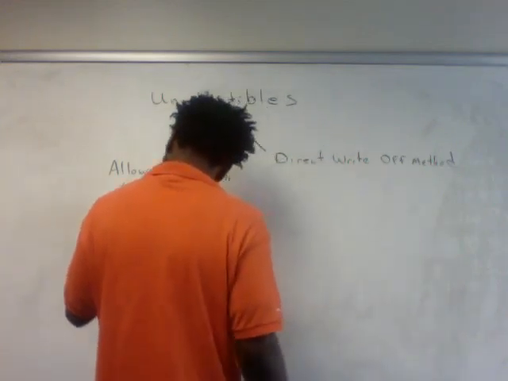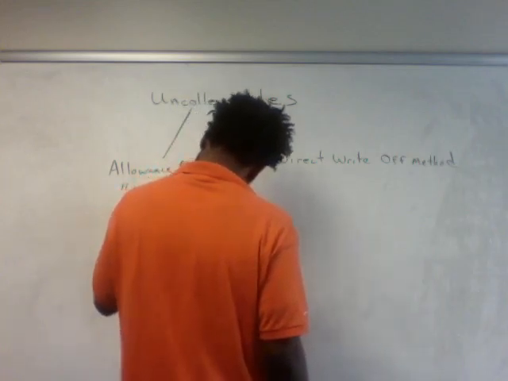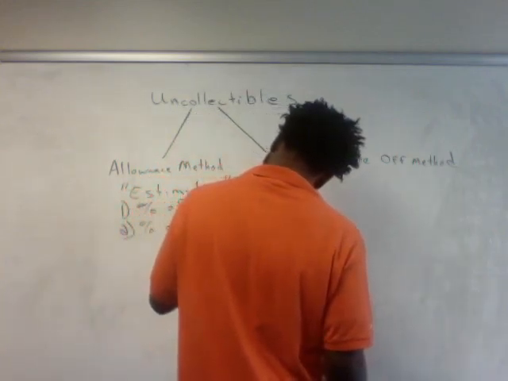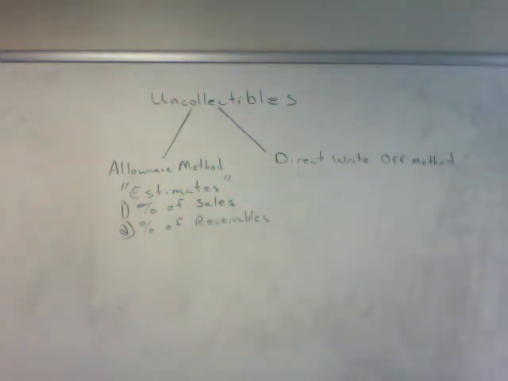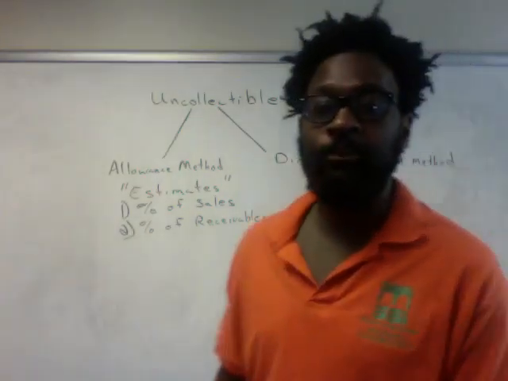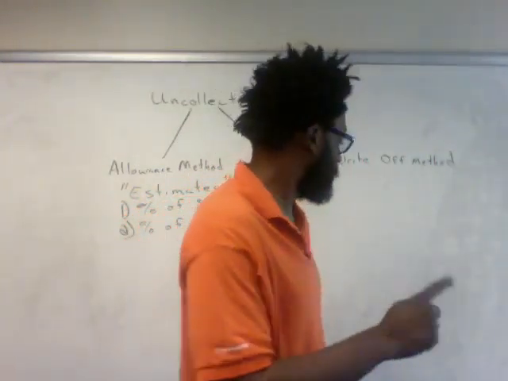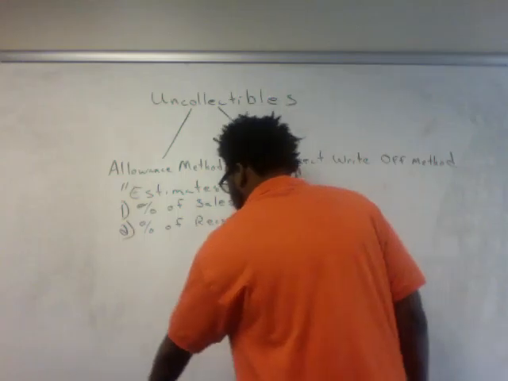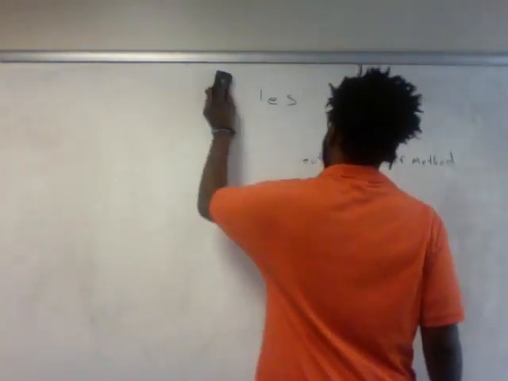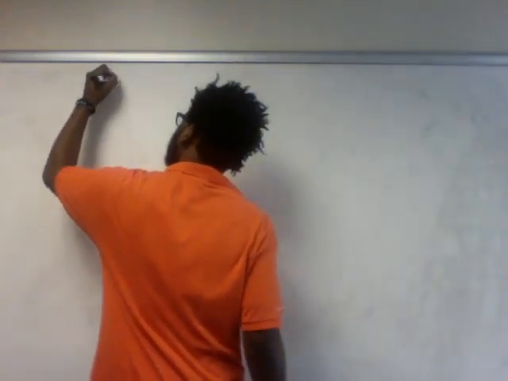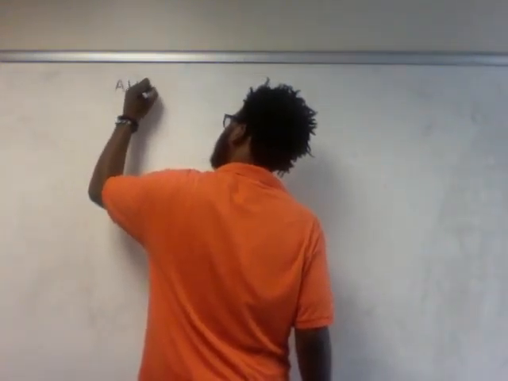One is called percentage of sales, and the other is called percentage of receivables. And so let's go into how we're going to handle accounting for uncollectibles under the allowance method.